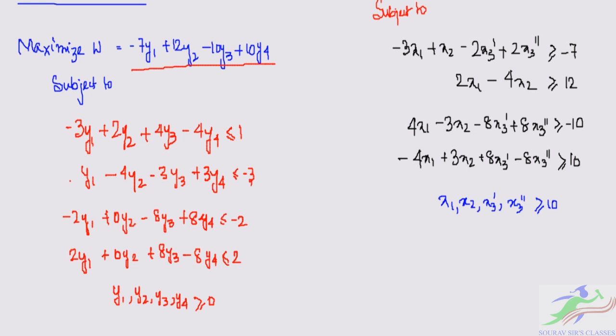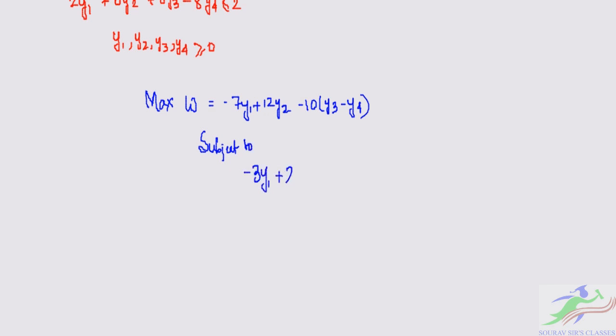Okay, so this can be written as the maximize of W, max of minus 7y1 plus 12y2 minus 10y3 minus y4, subject to: the equation will be minus 3y1 plus 2y2 plus 4y3 minus y4 less than or equal to 1.